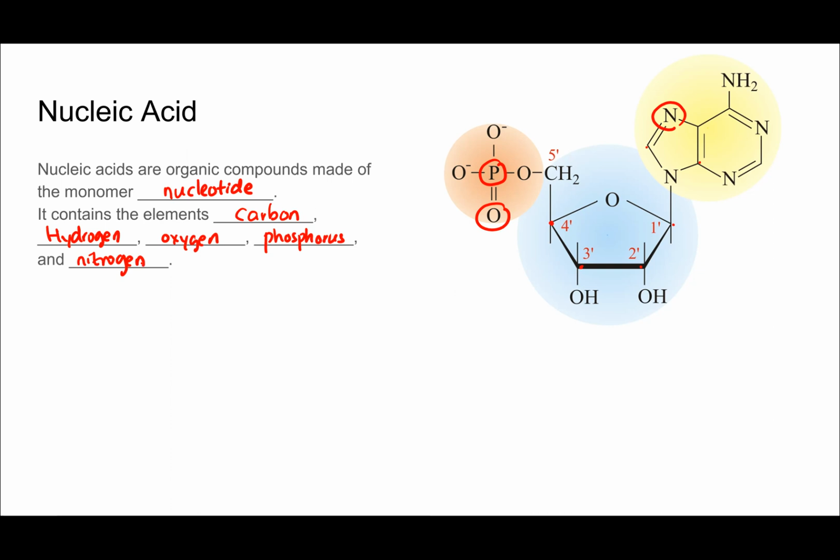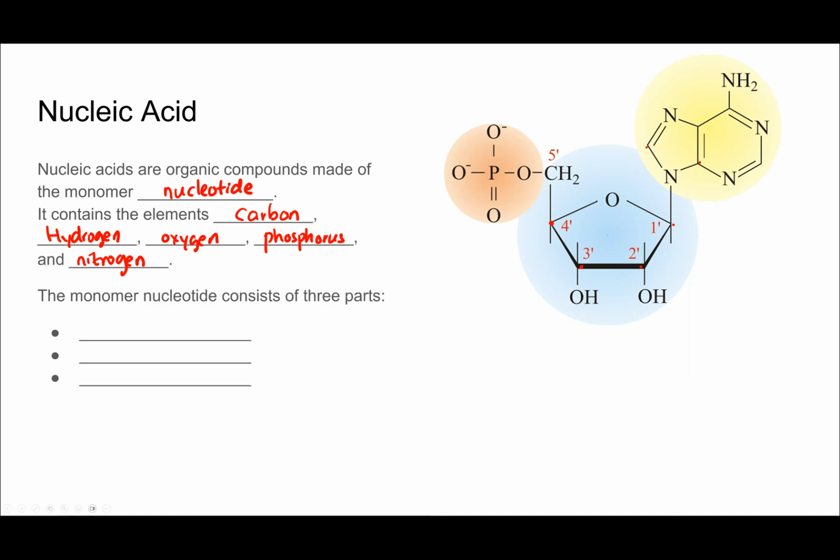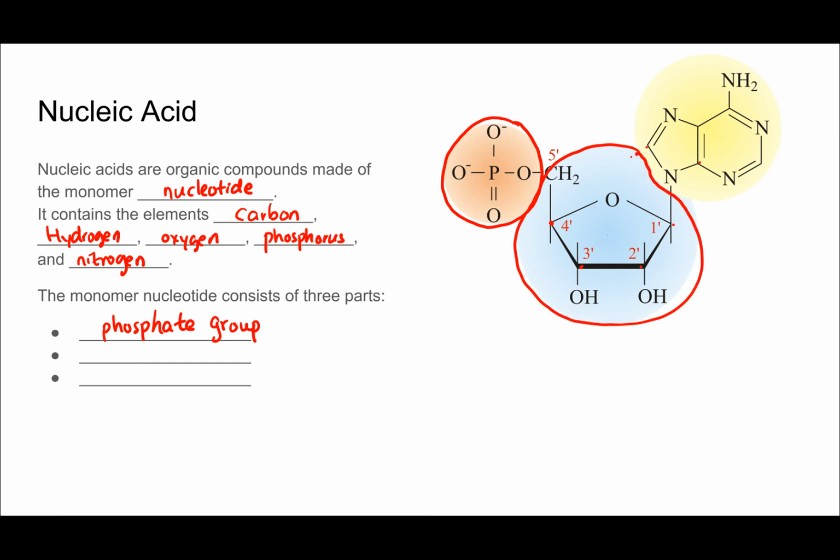You can see that nucleotides can be divided into three parts that make one nucleotide. The orange circle here, that's a phosphate group, because it contains one phosphorus and four oxygen. The blue group over here is representing the sugar, right?